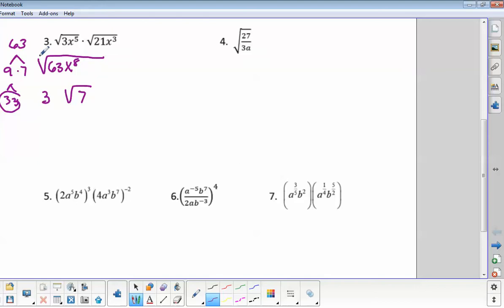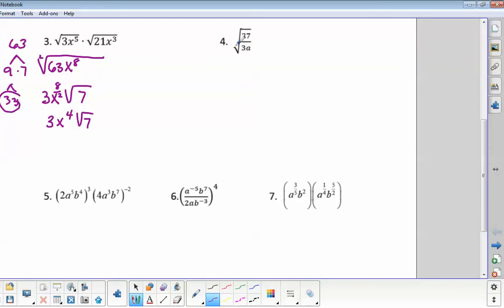Remember, there's no 2 here, but you can imagine that it's there, and that is your index 2. So you have x to the 8 over 2, and it comes out evenly, so there are no x's left underneath. So I have 3 x to the 4th square root 7.